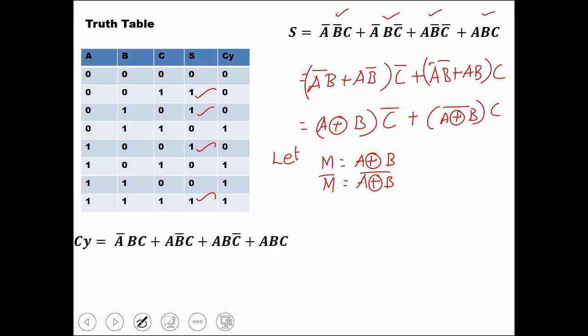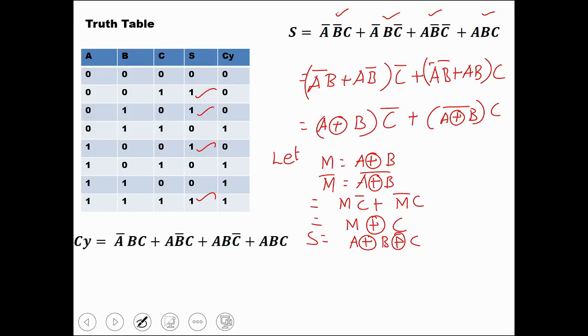Substituting these two values in the above equation, we get M C bar plus M bar C. This is again the output for an XOR gate in terms of M and C inputs. So we can write it as M XOR C, where M is A XOR B, so A XOR B XOR C. So if you see, the sum expression is equivalent to a 3-input XOR gate.